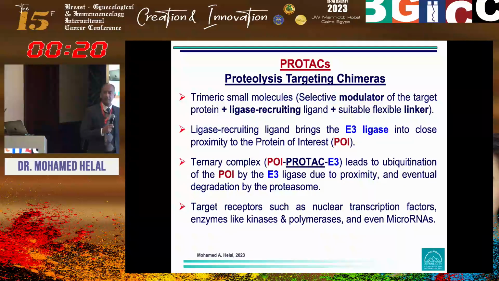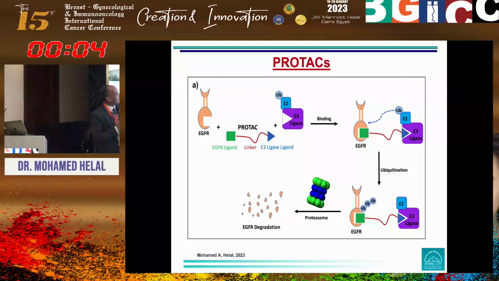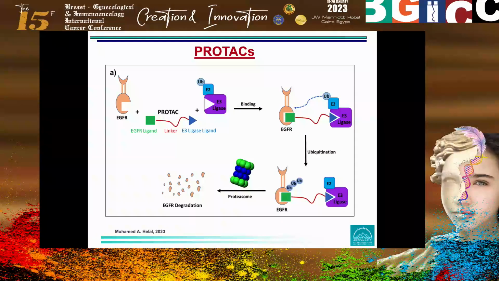Ligase enzymes, as you know, install ubiquitin units or ubiquitinate their target proteins and label these proteins for degradation by the proteasome system. So once bound in this way, this is the EGFR ligand, this is the linker, and this is the E3 ligase ligand. Once bound, the E3 ligase ubiquitinates the EGFR, or whatever the target protein, causing degradation.